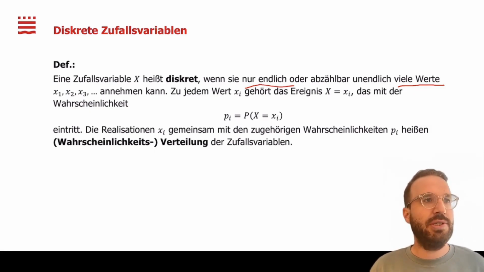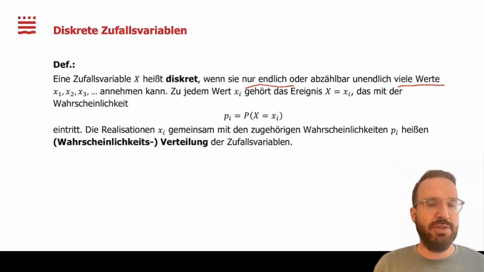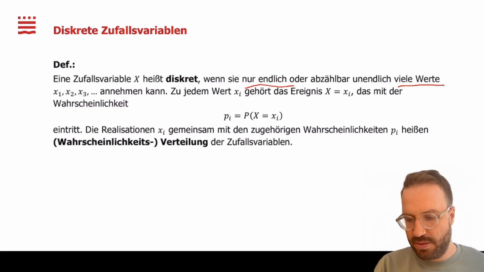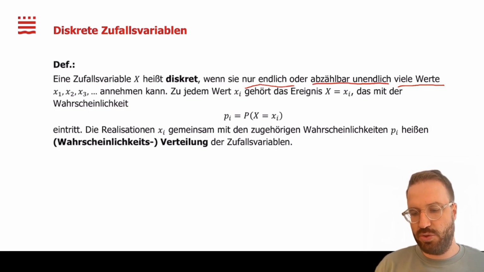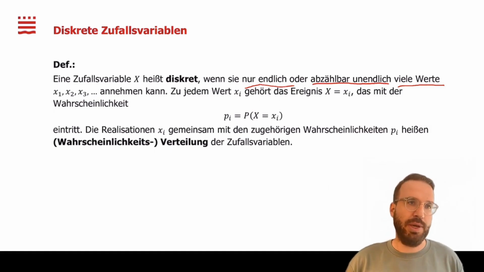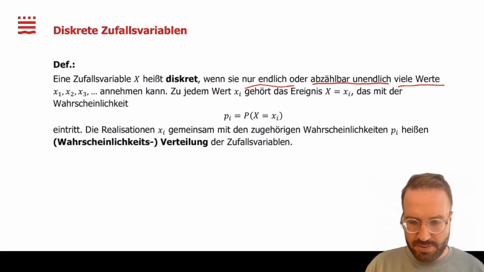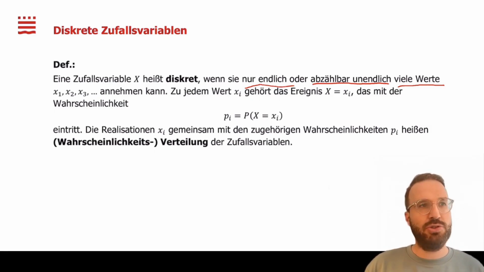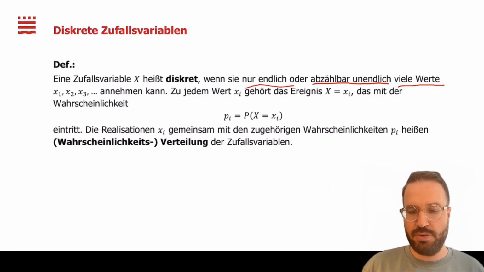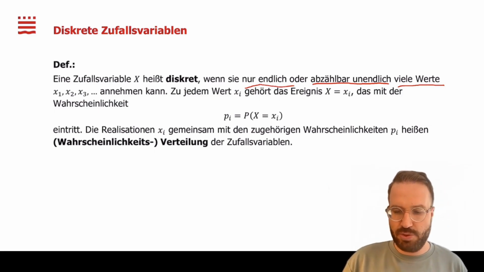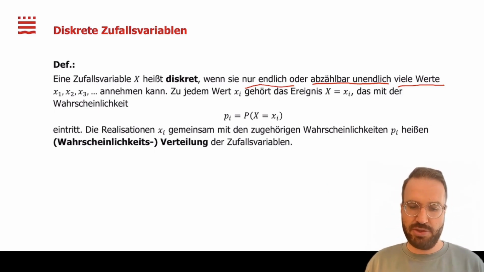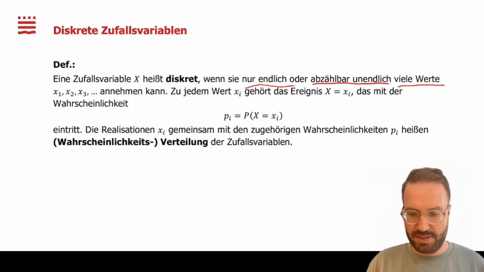If you are interested, we will take another look at this in the lecture. You can imagine a finite number of values that can be taken, in contrast to continuously many values. For example, all values between 0 and 1 would be the opposite. Countable means that we can essentially write it down in a list.